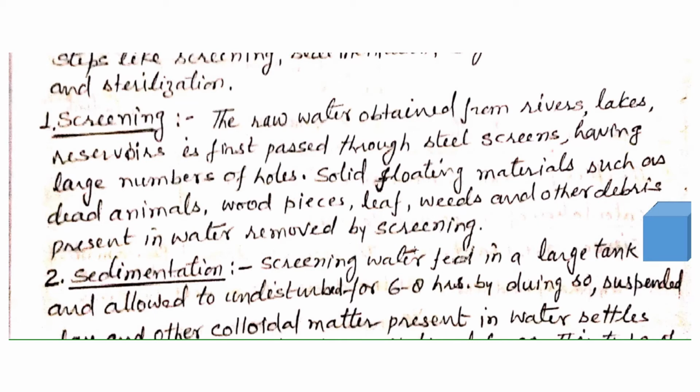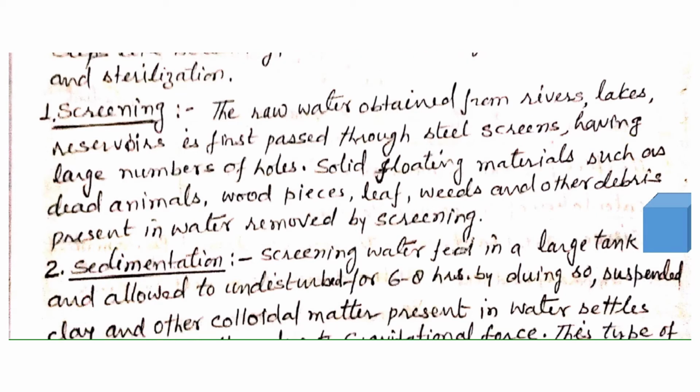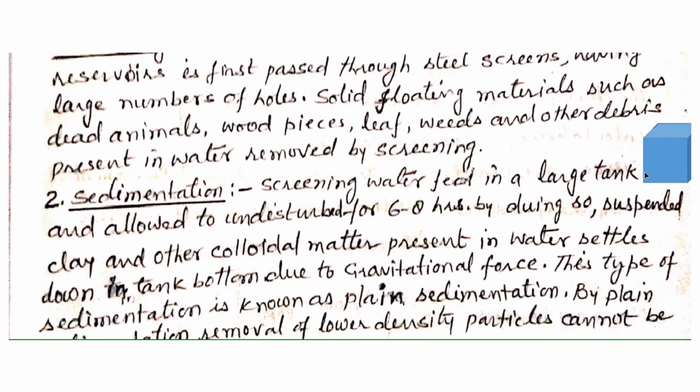The next step is sedimentation. The screened water we got from the first step is kept by the municipal corporation in a large tank, undisturbed for 6 to 8 hours, so that the big particles which have high density settle down in the tank due to the gravitational force of the earth, and the small particles which are less dense do not settle down.